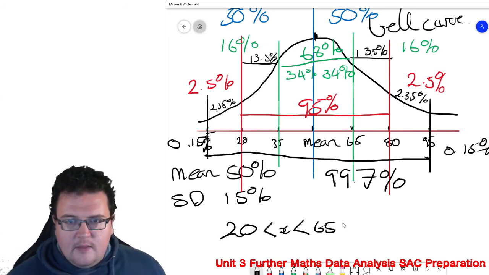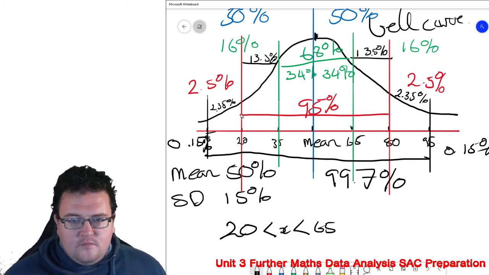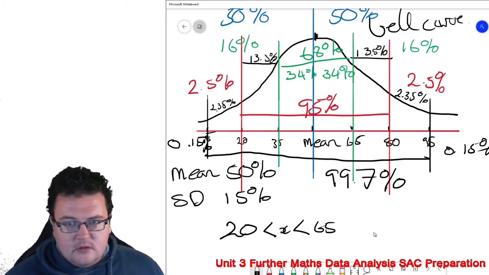Well, I know that 20 to 35 is 13.5%. I know that 35 to 65 is 68%. If I add those two together, then I end up with 81.5%.